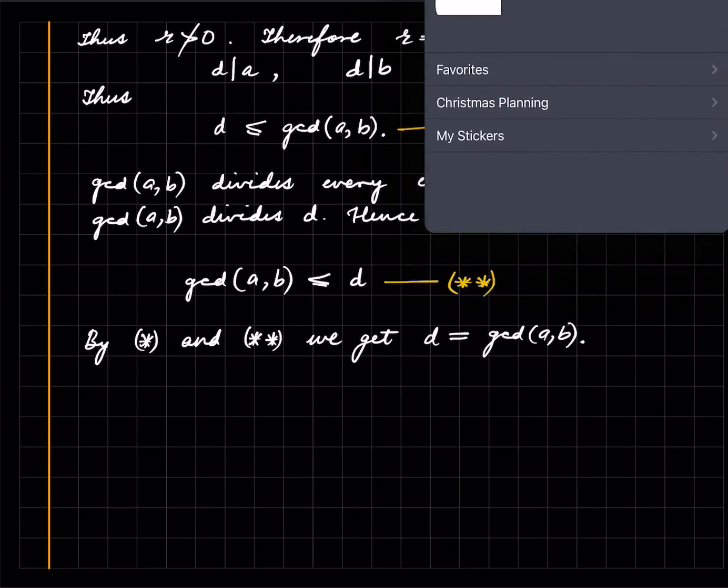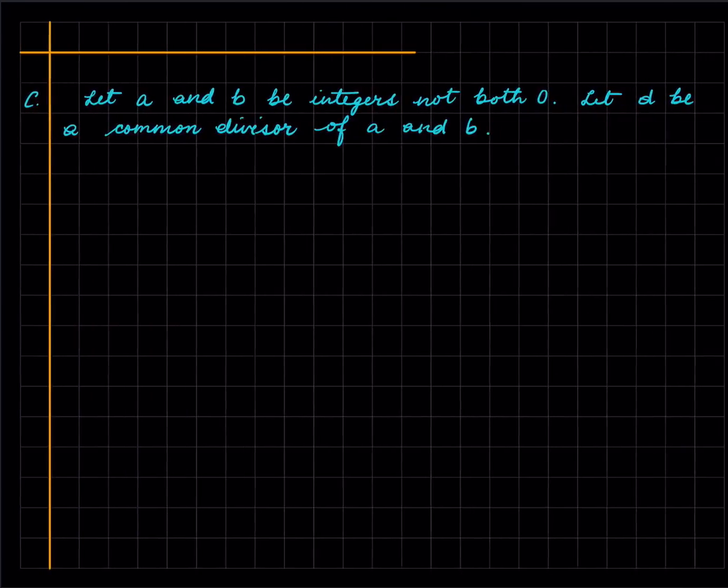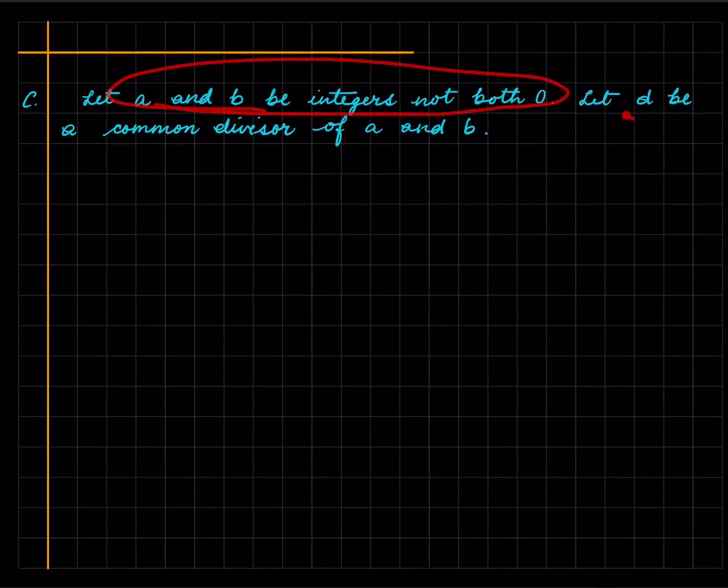Okay. So let us look at a simple corollary of it. This should be intuitively obvious, but let us state this formally. Let a and b be two integers, not both 0, and d be a common divisor of a and b.